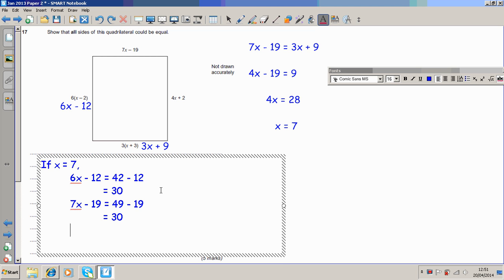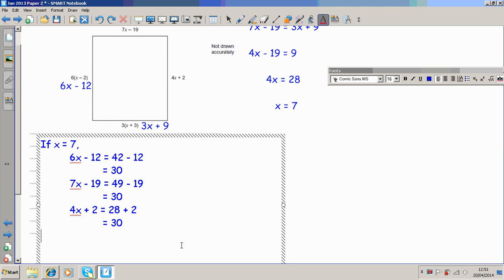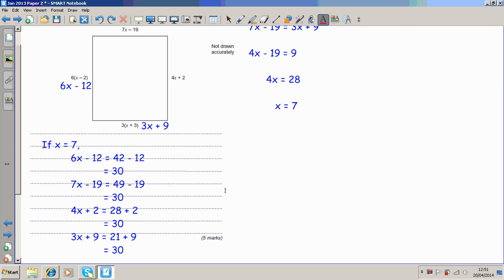That's a winner. On the next side, 4x plus 2, or 4 times 7 is 28, plus 2, which is 30. This is looking good. And then finally, my last one I haven't done is 3x plus 9, or 3 times 7 is 21, plus 9, which is 30.